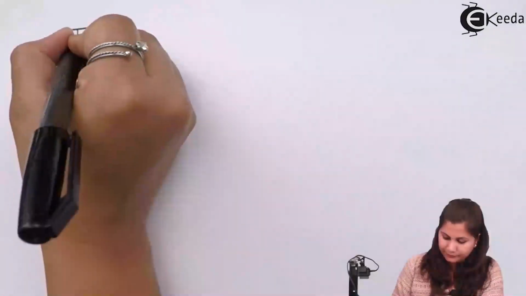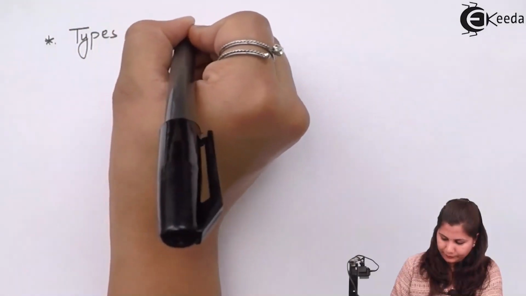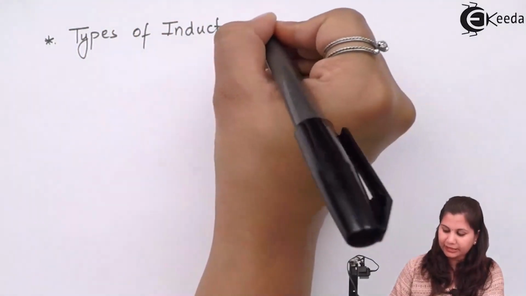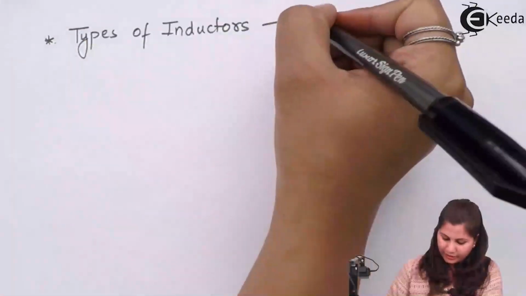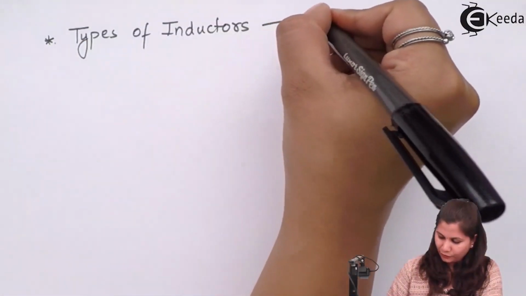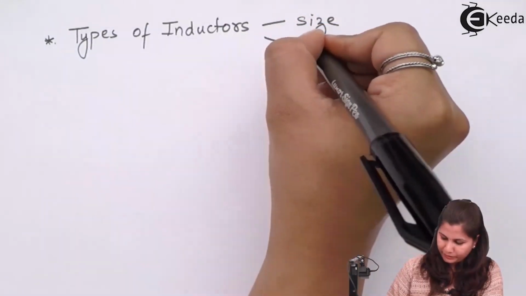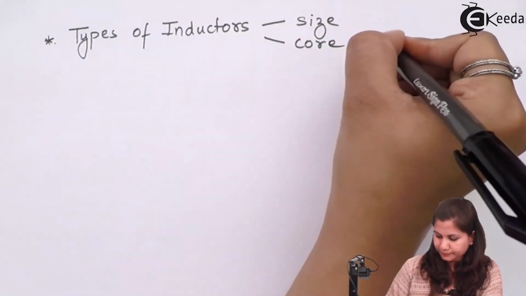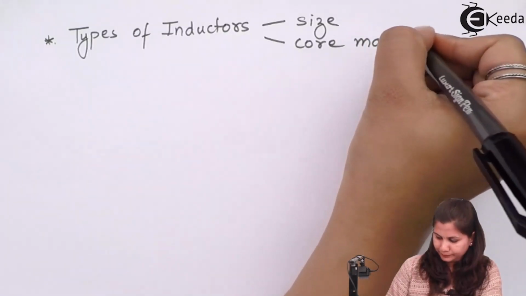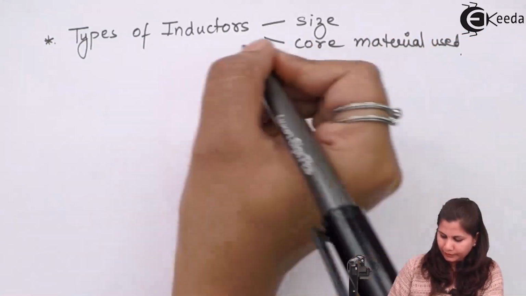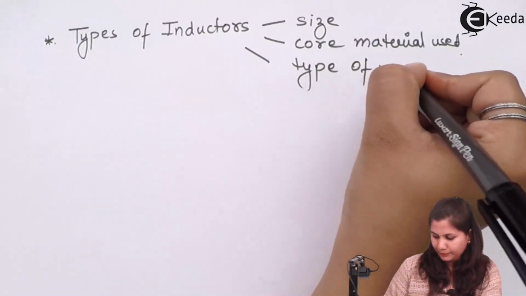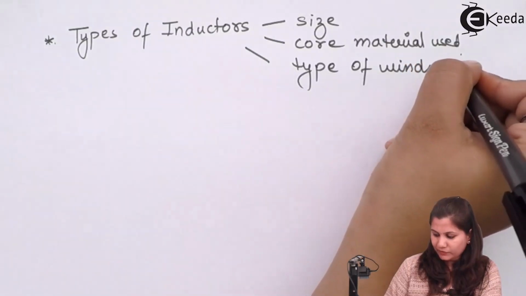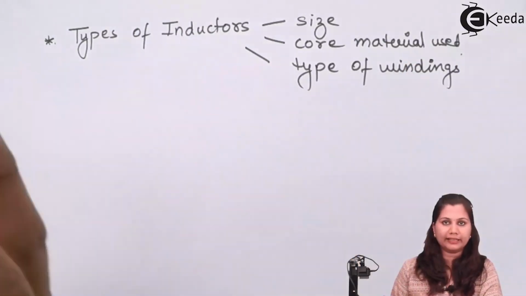Now if we see the various types of inductors, we can classify the inductors on various bases. The criteria are the size of the inductor, the core material which is used, and the type of windings. So on these criteria we can classify the inductors.